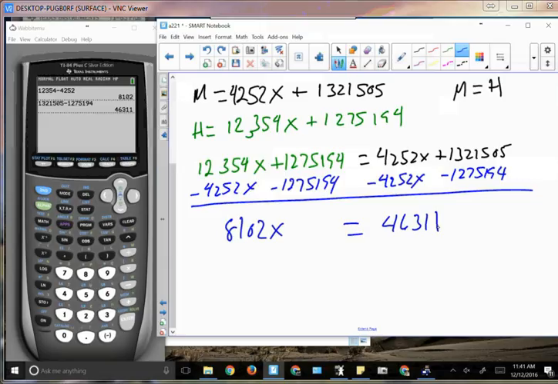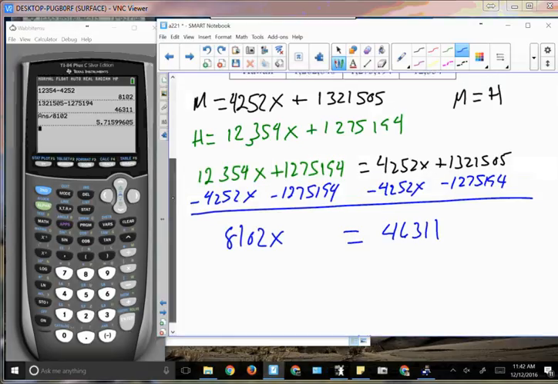I got to divide. Why do my numbers seem off there? So now I'm going to divide by what? 8102. And I end up with 5.7. Something is off. It's supposed to be 6.7.